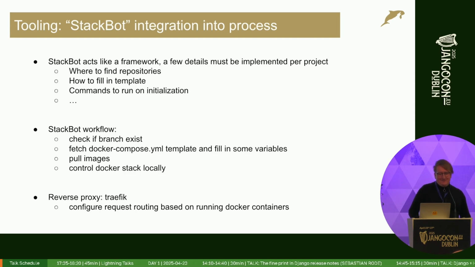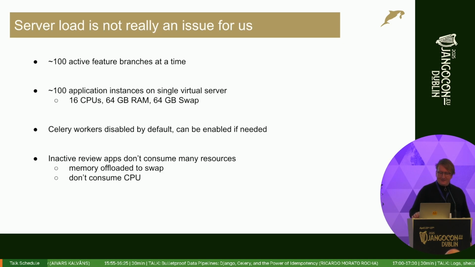It needs to pull the Docker images, and then it needs to control the Docker stack locally and start and stop the Docker containers as needed. And to make this available to the network, we use Traefik as a reverse proxy, which comes in really handy here because we can configure Traefik for each branch. Traefik just is configured via Docker labels.